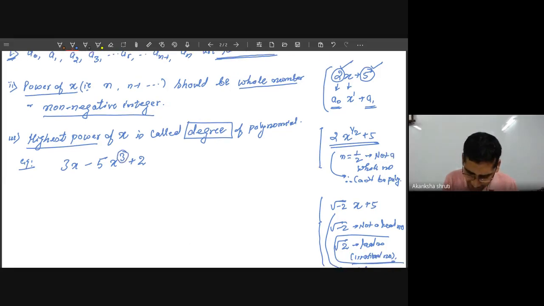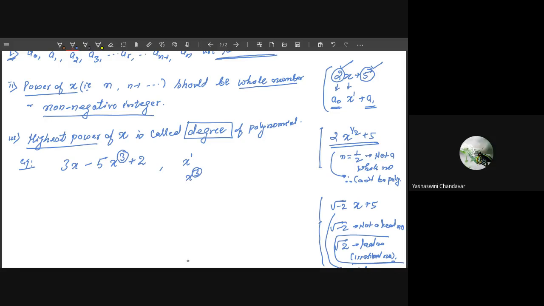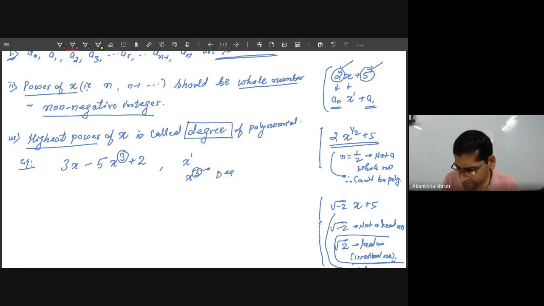This 3 is the highest power of x. For the first term it is 1, but for the second term it is 3. So this 3 is the degree, the degree of the entire polynomial.